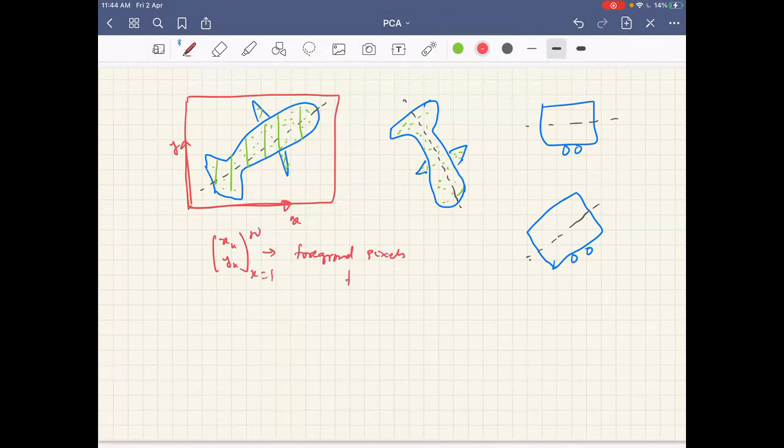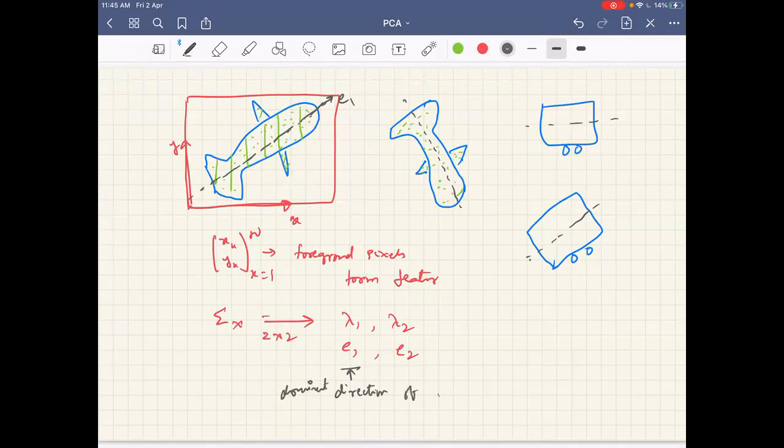These will form the features. The covariance matrix with that will be a 2 cross 2 covariance matrix. This will help us find lambda 1 and lambda 2, and then E1, E2, and essentially E1 will be like this. This is E1, and hence using this E1, this is the dominant direction of the object.